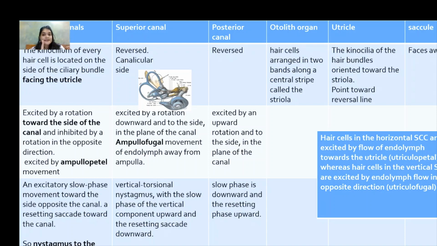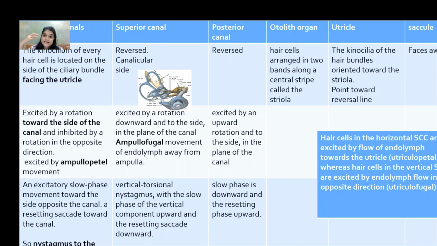And another thing is, the right canal is stimulated when the endolymph is flowing towards the ampulla. So the right canal is stimulated when the head is turning towards the right side, because the endolymph will be flowing towards the ampulla. So there is deflection of the cupula towards the ampulla, and hair cells will be deflected towards the ampulla, an ampulopetal deflection.